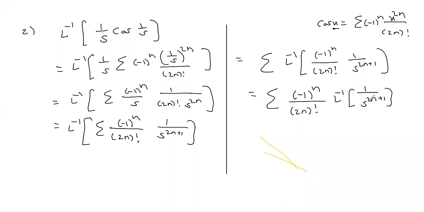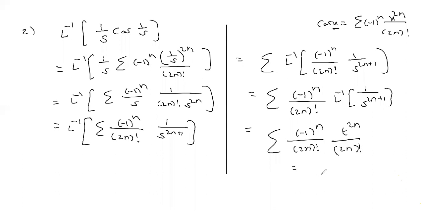Now look at your table of inverse transforms and tell me this. It is t power 2n by 2n factorial. Let me write the constant first: minus 1 whole power n by 2n factorial into t power 2n by 2n factorial.